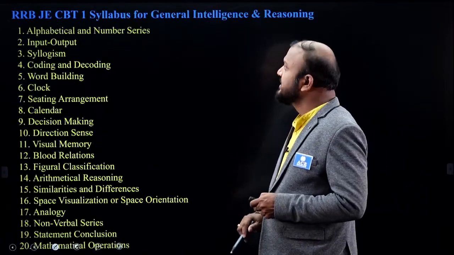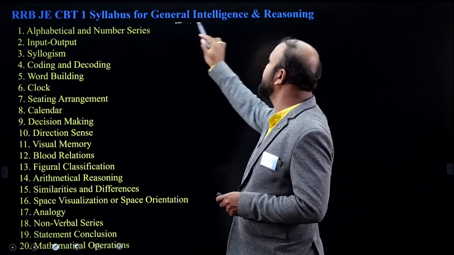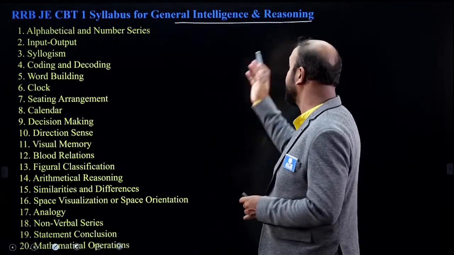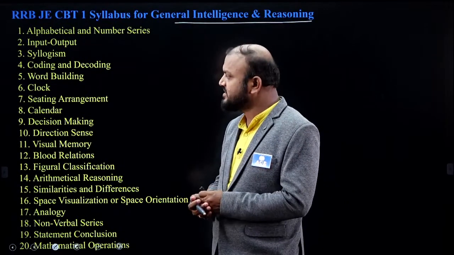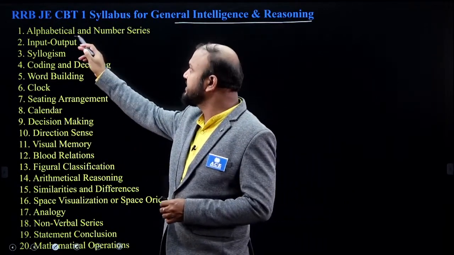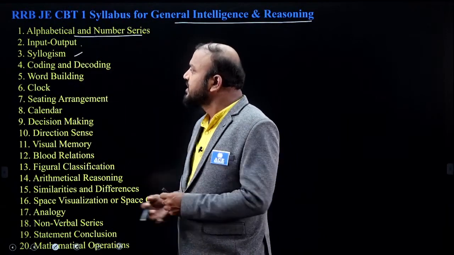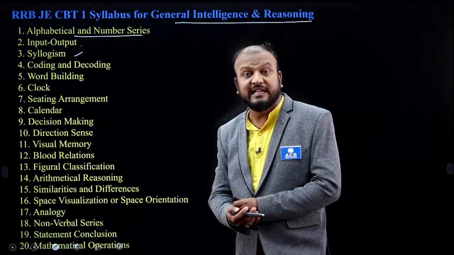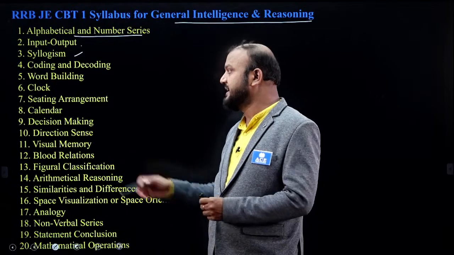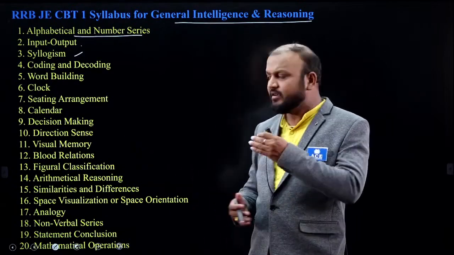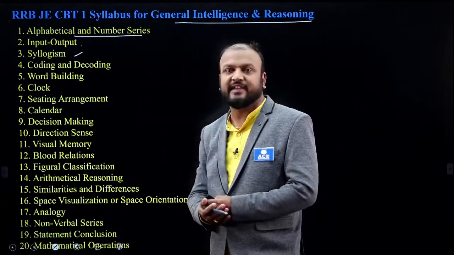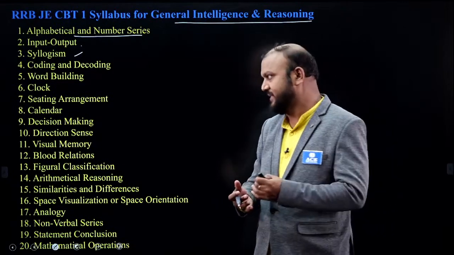Now look at the general intelligence and reasoning syllabus: alphabetical and number series, input-output, syllogism, coding and decoding, word building, clock, seating arrangement, calendar. Looking at all these topics, generally we can call them numerical ability topics.